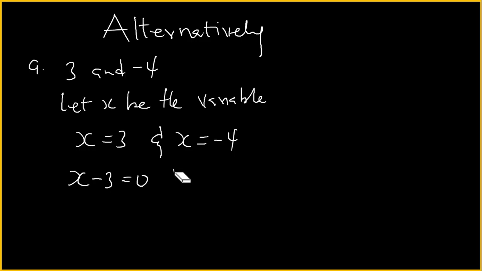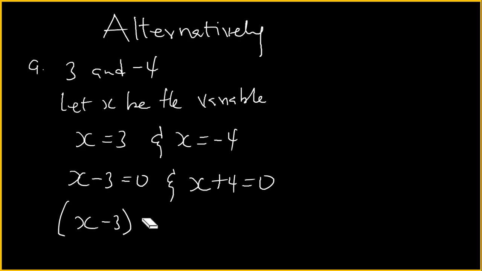And x, negative 4 to this side tends to positive, is equal to 0. So these two factors can be grouped in two brackets. In the brackets, x minus 3 as the first bracket, the second bracket x plus 4, all equal to 0. These two separate brackets could be expanded by taking off the brackets, which is multiplying these two brackets.